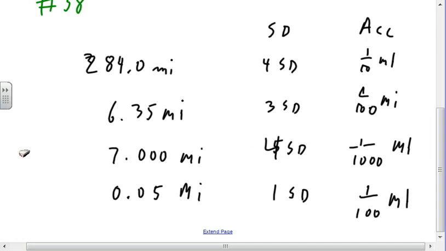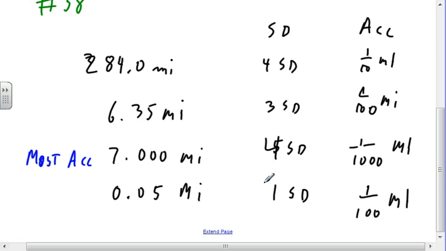Okay, so most accurate, most precise, most precise. 4 significant digits.